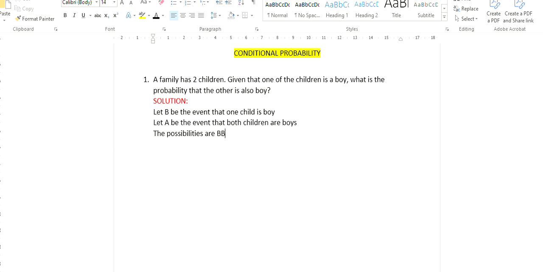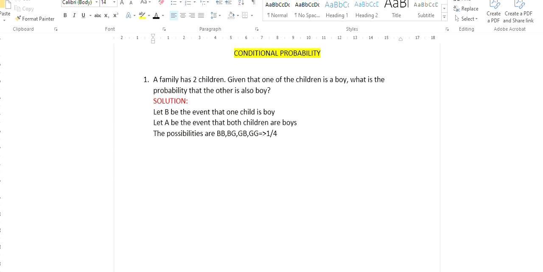So the possibilities are BB, both can be boys; one boy, one girl can be there; one girl, one boy can be there; and both are girls. These are the possibilities. So it is divided by 4 possibilities, similar to tossing a coin. They are asking about another boy, so one combination out of two children. So that is 1 by 4.